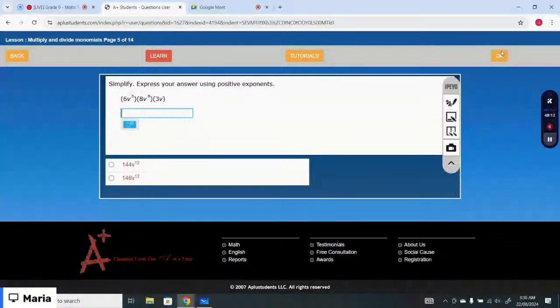That is 144v^12. Option number 1 is the correct option.